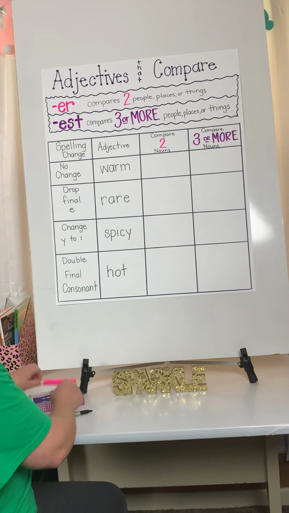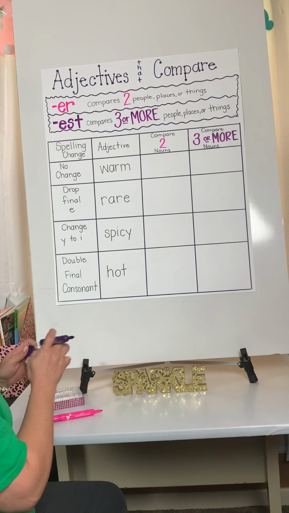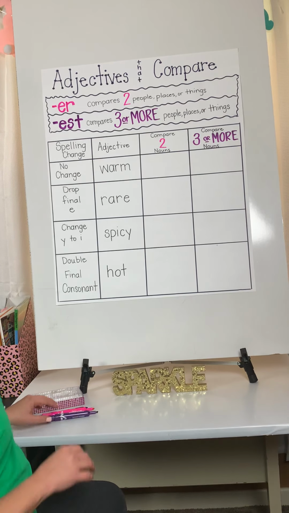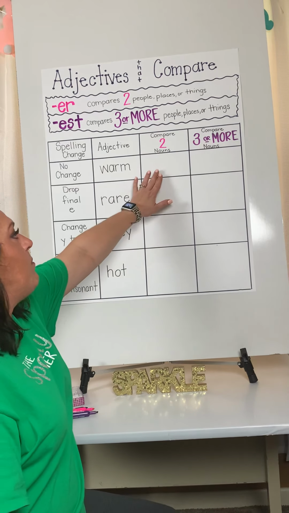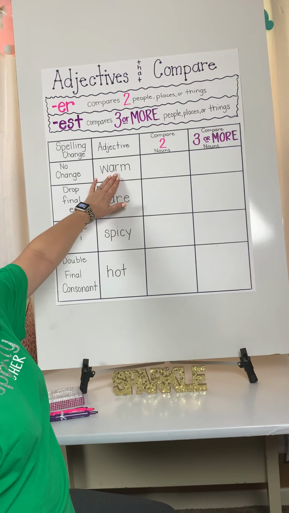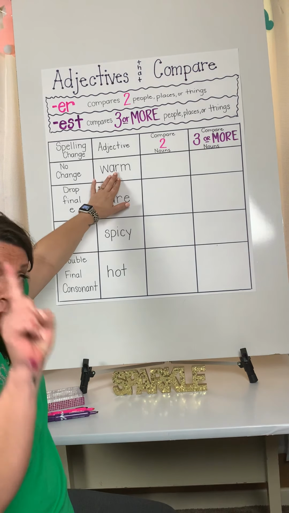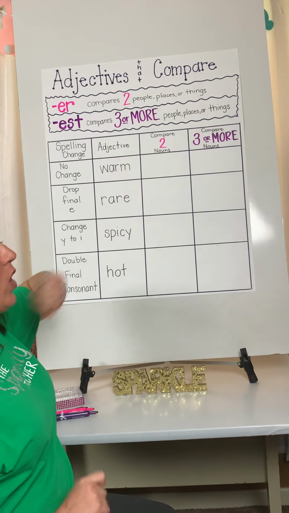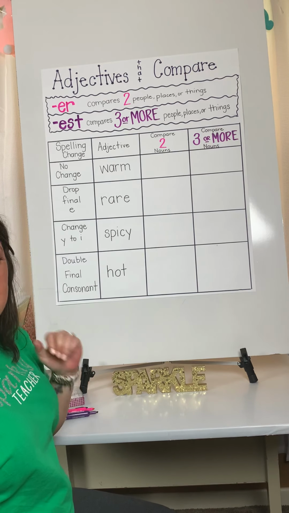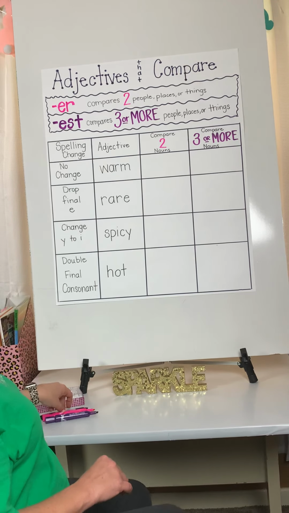The first word that we have is warm. That is the first adjective. Let's say it was a warm day. We are just saying that one day was warm. If we compare two days, we would say today is warmer than yesterday.